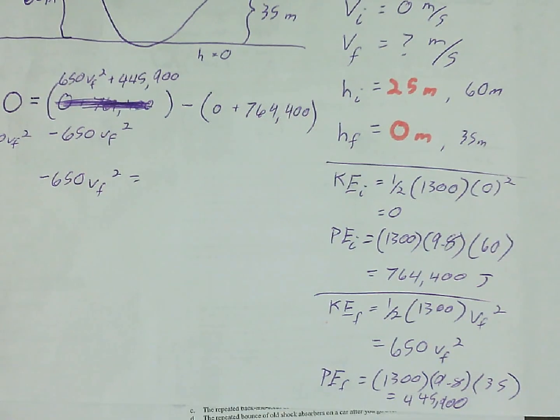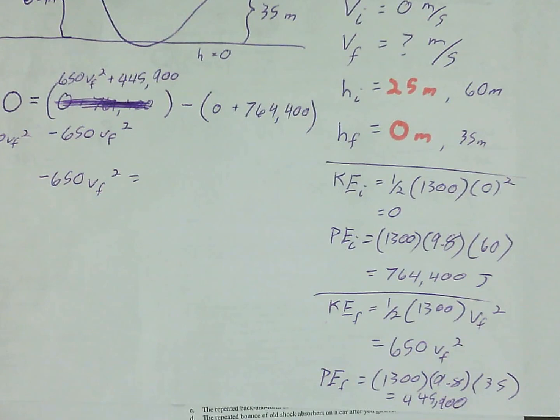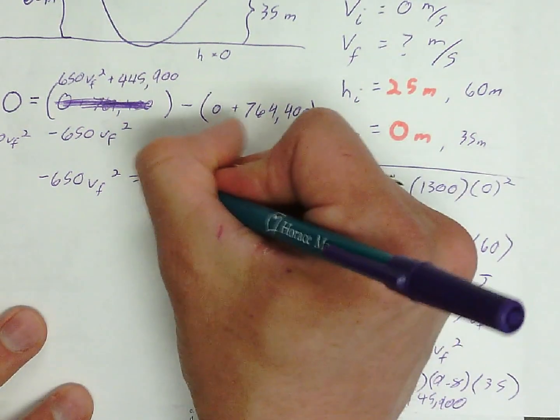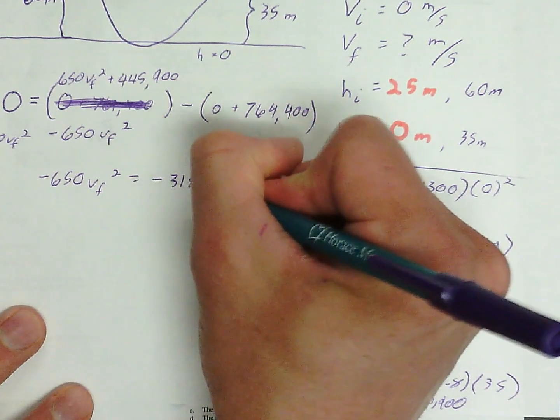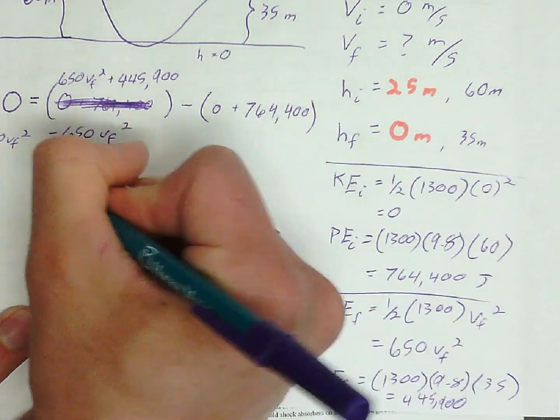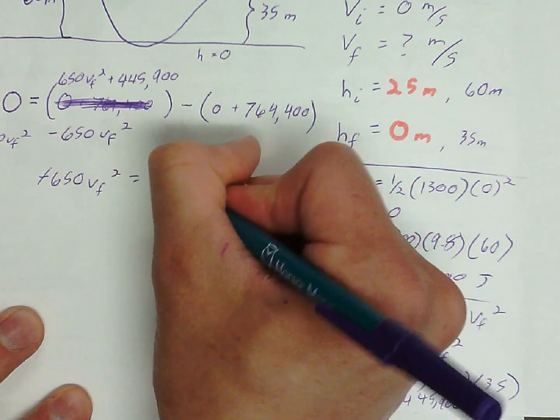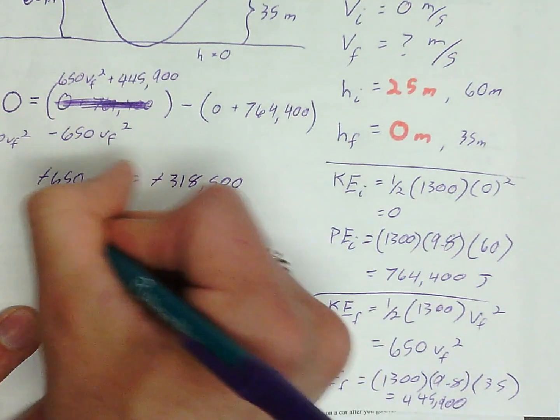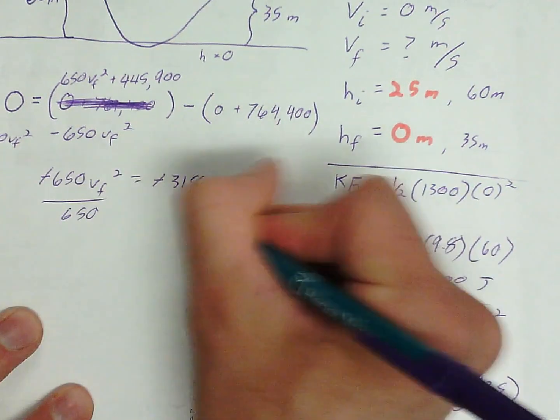That gives me negative 318,500. My negatives will cancel, I got a negative on each side. Divide by 650 on both sides.